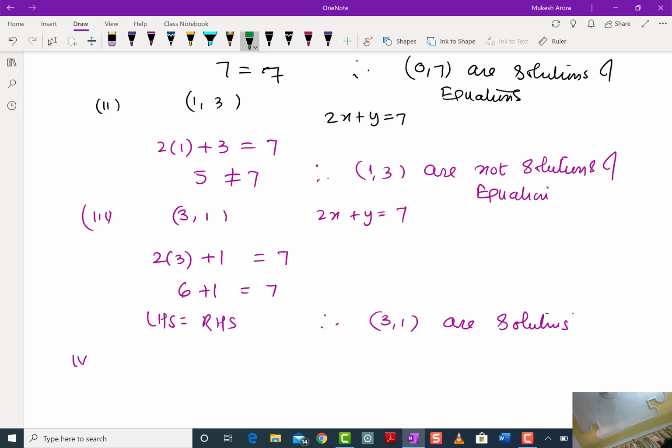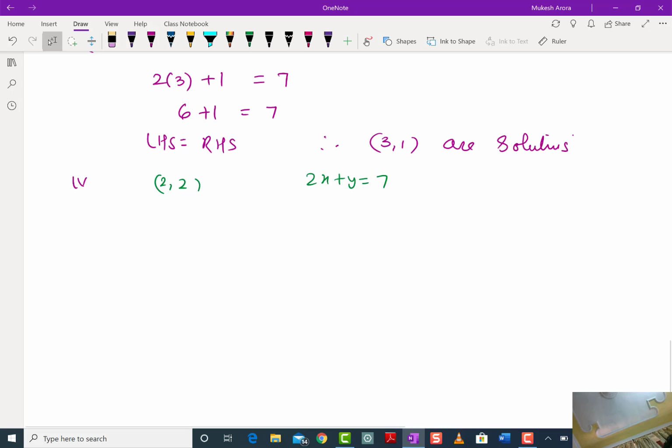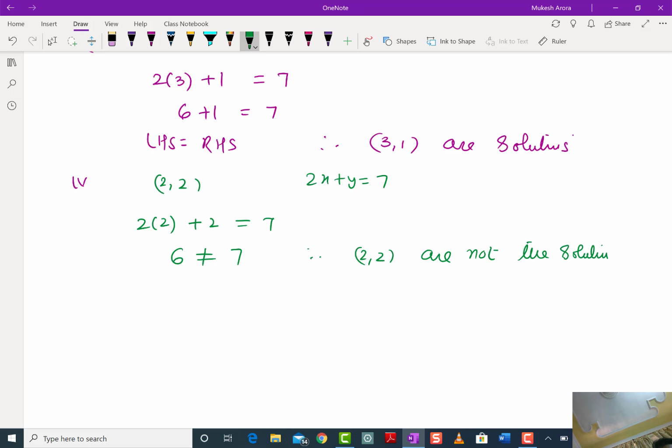Fourth is 2 and 2. The equation was 2x plus y is equal to 7. So 2 into 2 plus 2 should be equal to 7. 6 is not equal to 7. Therefore 2 and 2 are not the solution of the equation.